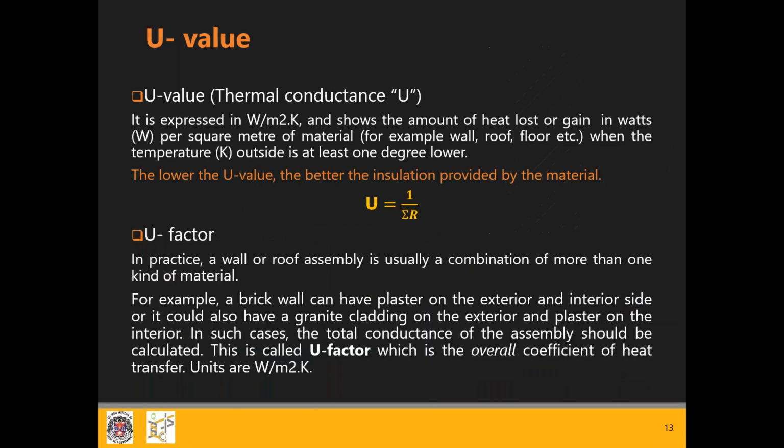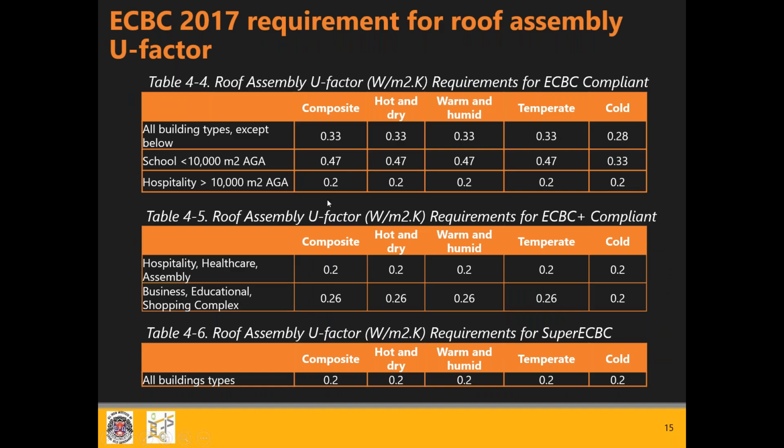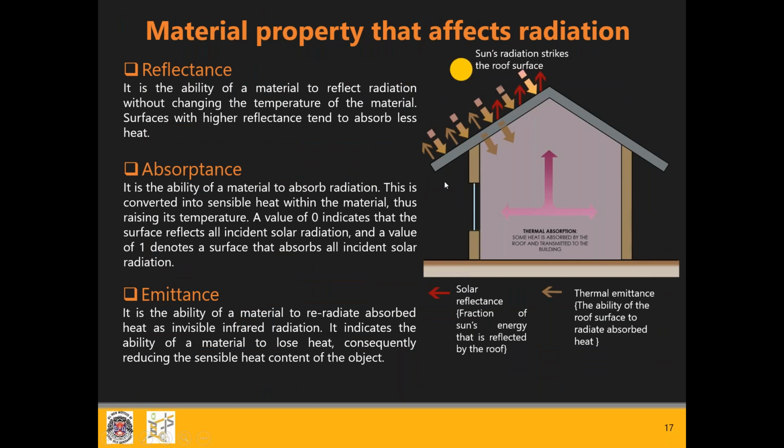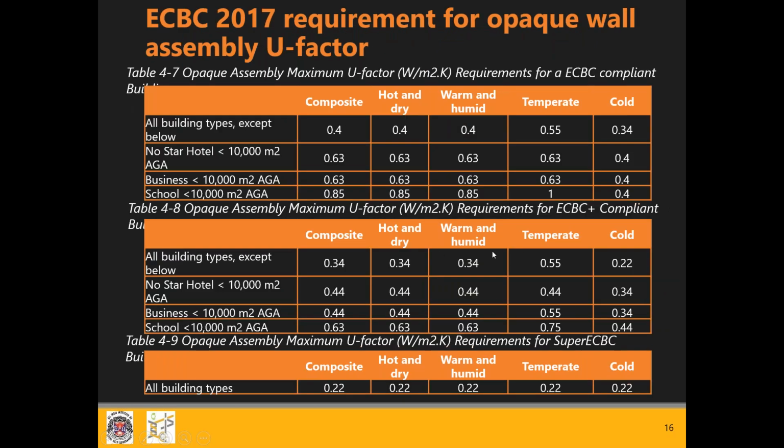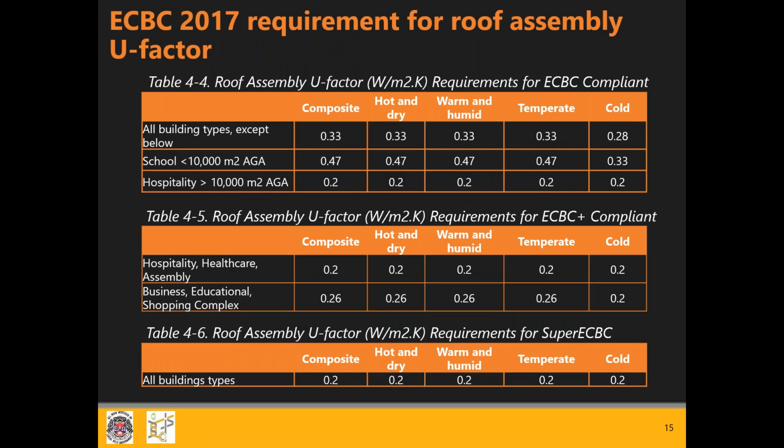Then you can open ECBC and check: if I'm targeting ECBC Plus, then I need a U value of 0.34. That means I have to add some more insulation, or have a cavity wall or something, right? And then all those calculations you can see. The same exercise goes for roof.